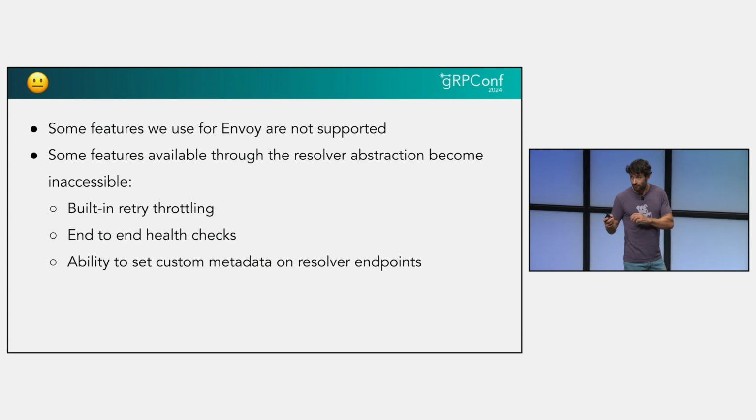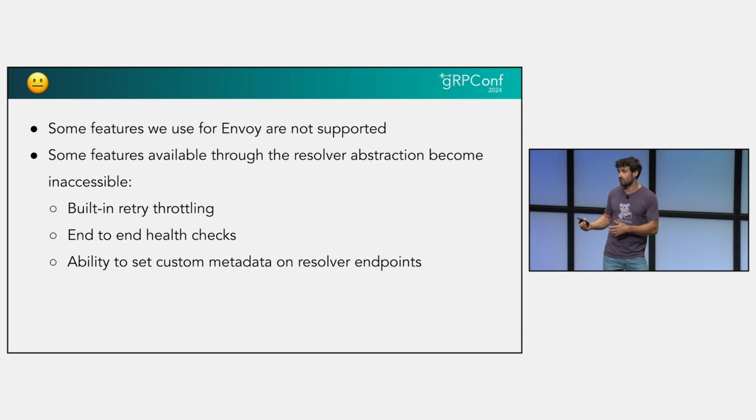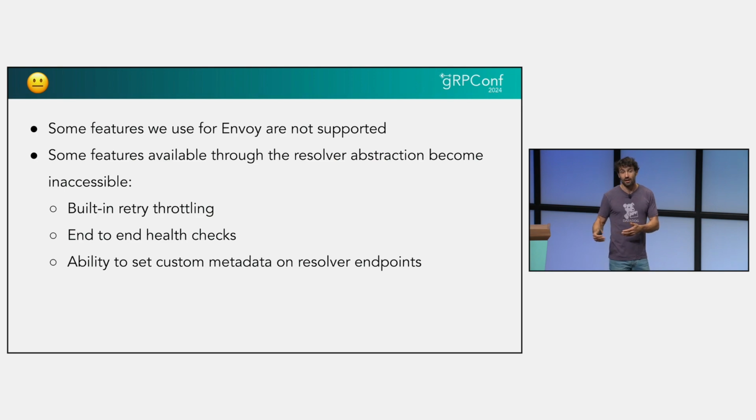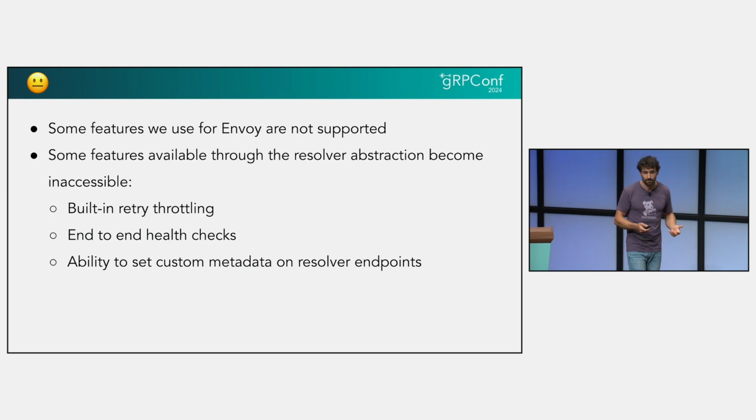The other sort of feature that you lose is the ability to set custom endpoint metadata. The xDS protocol and config has the ability to do that, but it's not actually available to a custom balancer that you use through the built-in support for gRPC xDS.